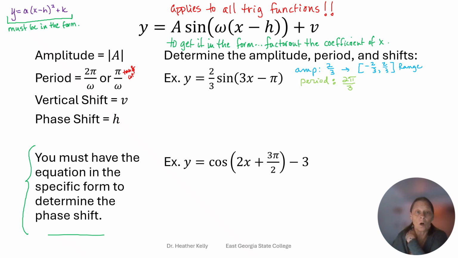Let's do our horizontal shift. Oh, I meant vertical shift. Sorry. Let's do our vertical shift, and then I'll do our horizontal shift, which is called the phase shift, but that's horizontal.